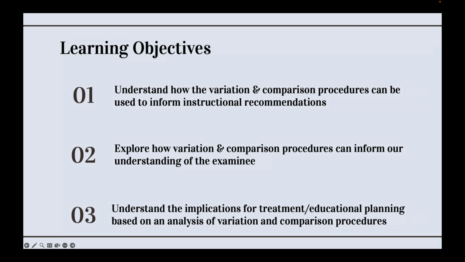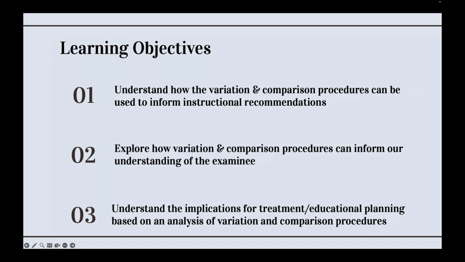So what I was thinking of doing as I was making this presentation was trying to figure out how we can tie together all of what we spoke about and also connect that to recommendations and interventions. To demonstrate the utility of these procedures, I'm going to be leading us through a series of mini case studies, giving you a brief background of some hypothetical individuals, talking about test selection rationale, embedding those variation and comparison procedures into the discussion, helping you to interpret some of that data.